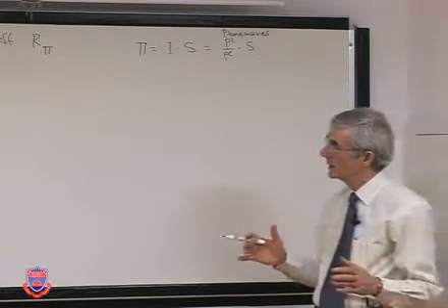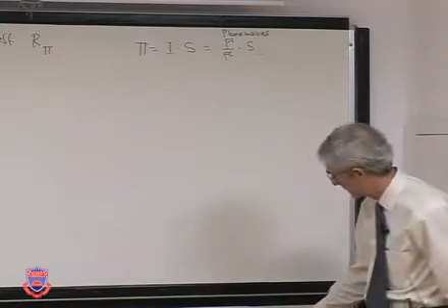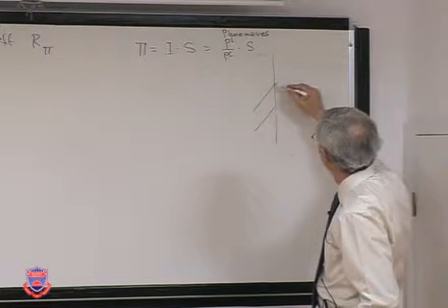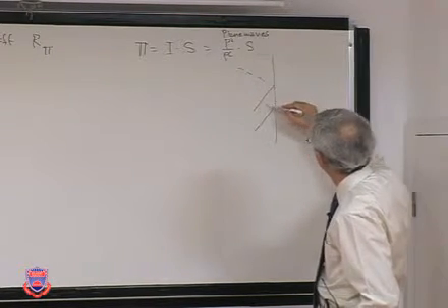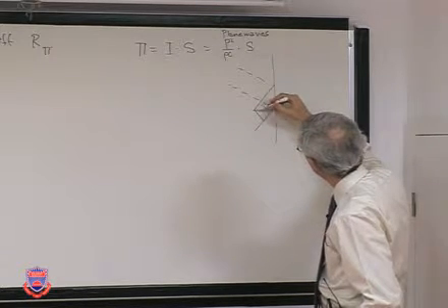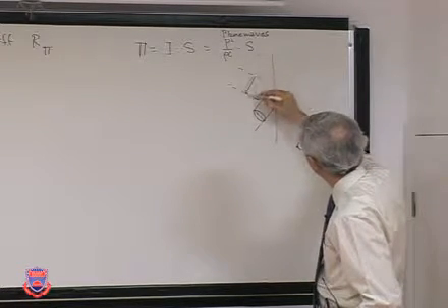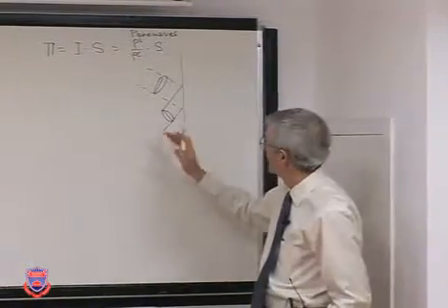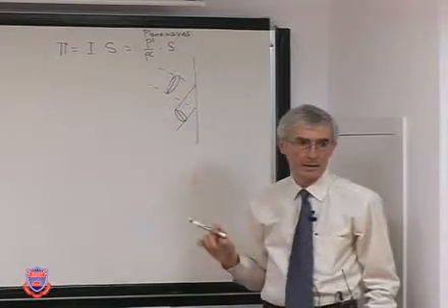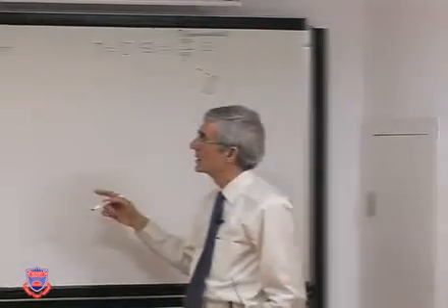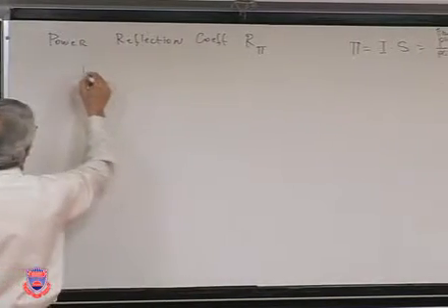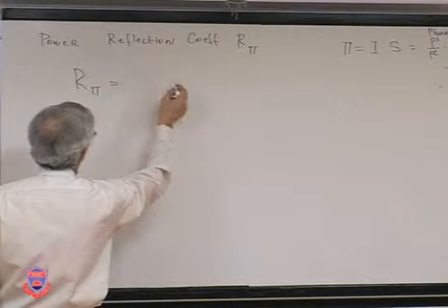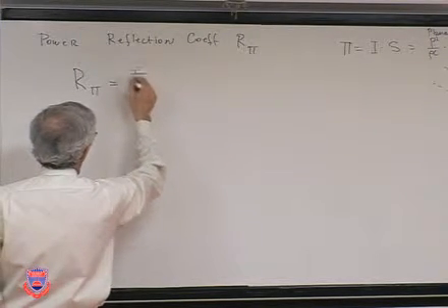So in the case of a reflected wave, you can see that if you just consider these areas, they're the same. The angles are the same, parallel lines go. So the areas are the same. So the power reflection coefficient then will be simply the same as the intensity and the same as the pressure.